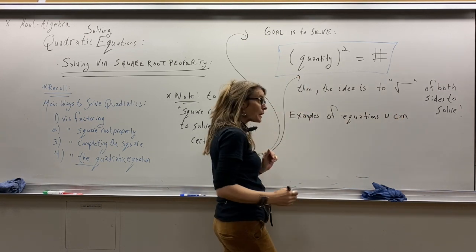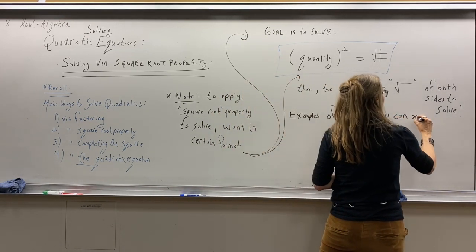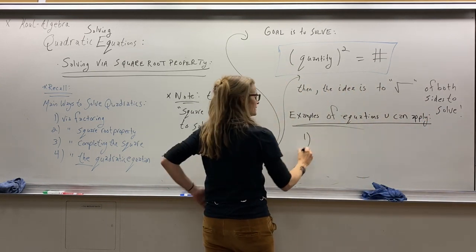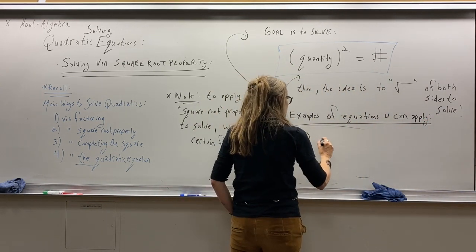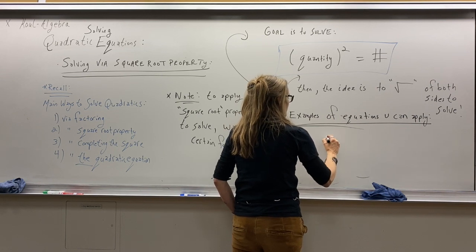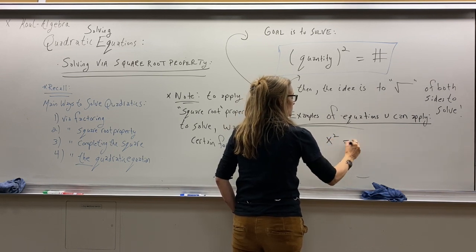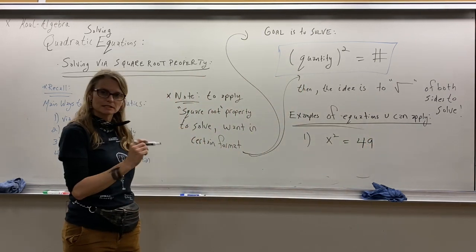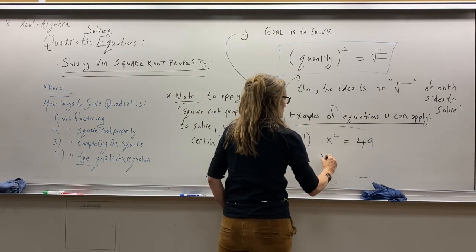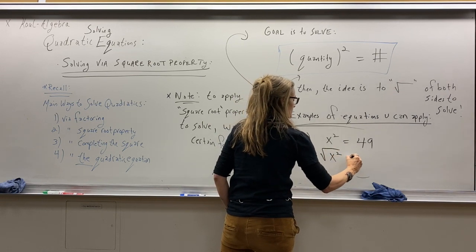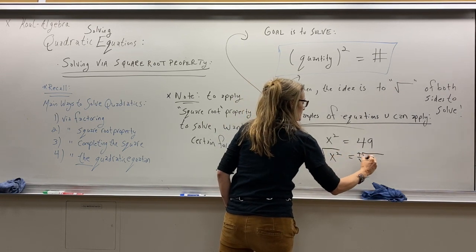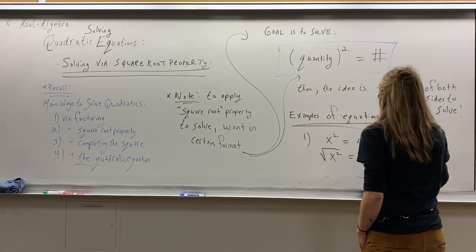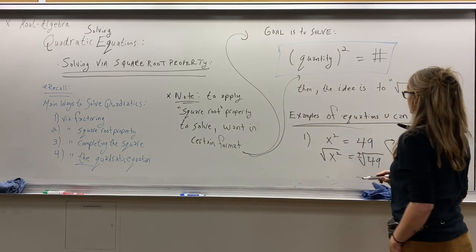That you can apply the square root property right off are, number one, let's say I had x squared equals 49. Well, this is a real simple one. We could just take the square root of both sides, and we get x equals plus or minus 7. Okay?